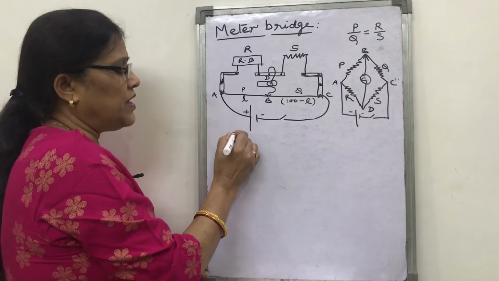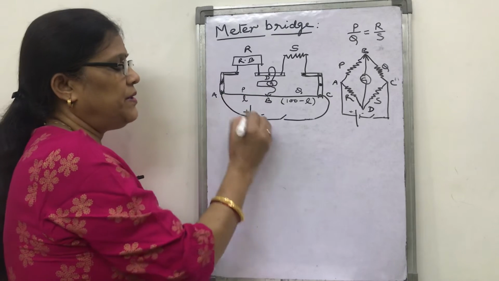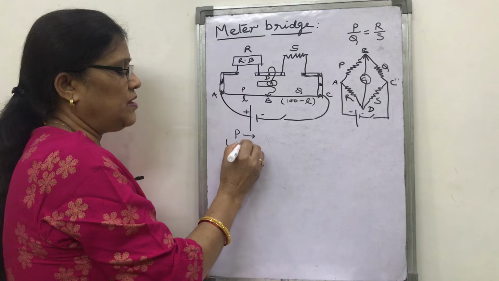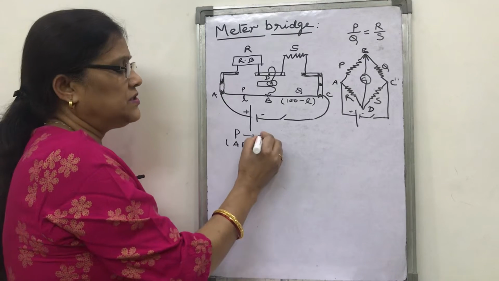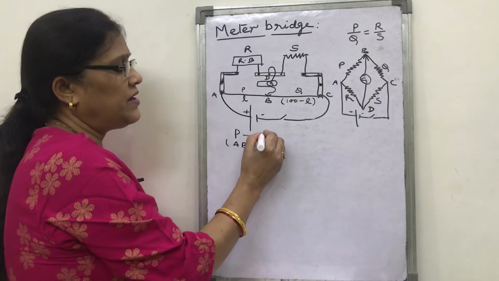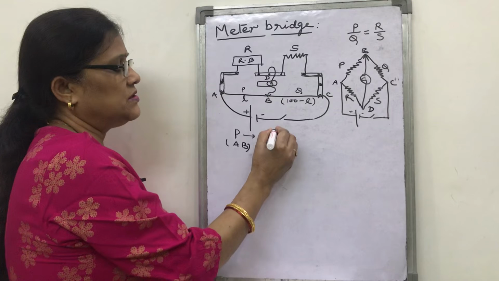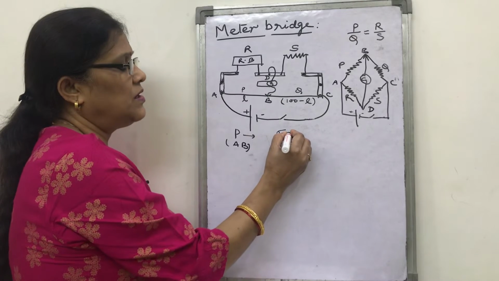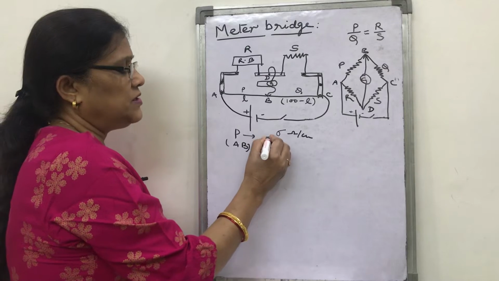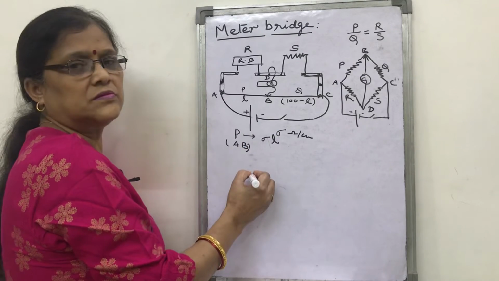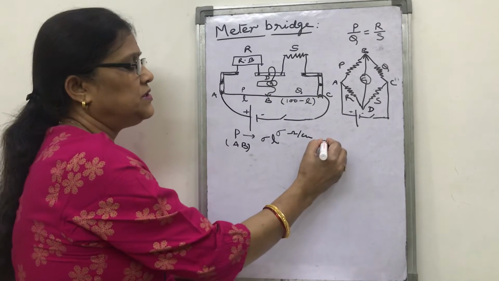So this wire P corresponds to the length AB, its resistance is P, and you can write that, suppose resistance per unit length is some constant, suppose sigma ohm per centimeter, so you write here sigma L. Then what is the resistance BC?